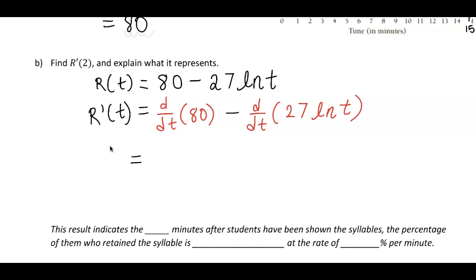Well, the derivative of a constant is just going to be 0, right? So that's 0. And I can pull out this 27 to the front and have 27 just waiting outside. And I can really just take the derivative of natural log of t, which is just 1 over t, right? So this is pretty nice.